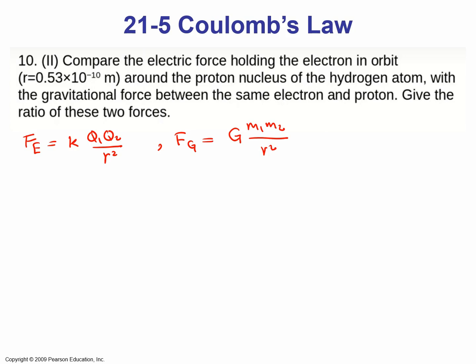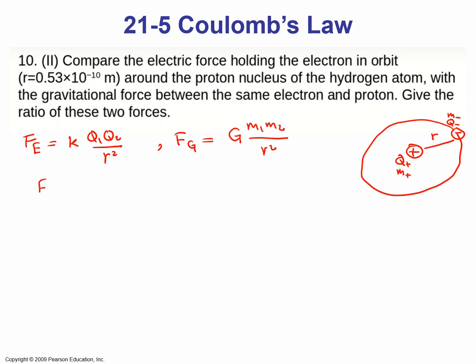Here, one mass is the mass of the electron, and the other is the mass of the proton. So here we have the proton, and here we have the electron orbiting around it. It's a hydrogen atom, and they are separated by distance r. We have a proton with charge Q plus and mass m plus, and an electron with mass m minus and charge Q minus.